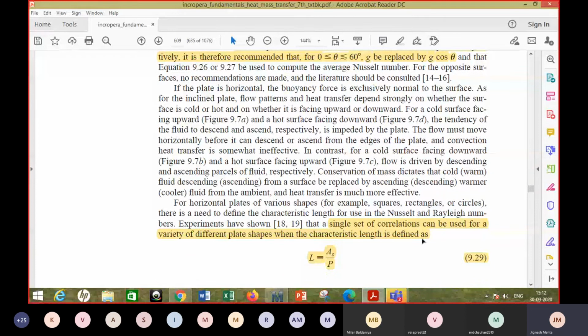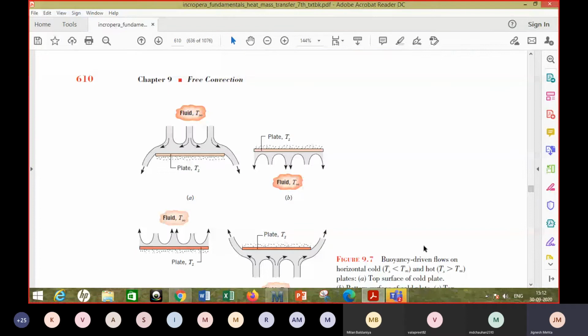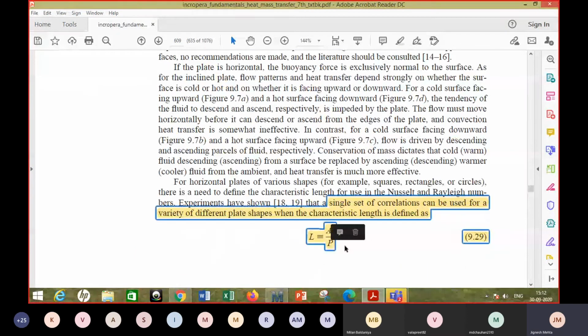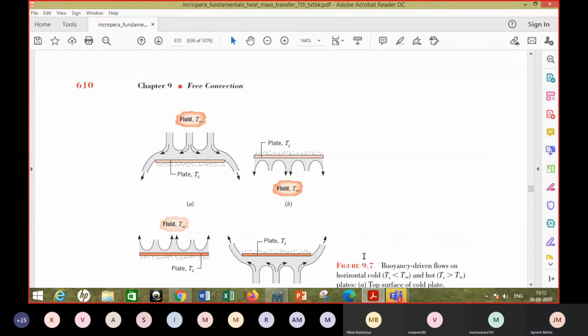Now, if you are talking about a horizontal surface, then you can use the given correlation, but your characteristic length is As upon P, the surface area upon the perimeter on one side. So for a horizontal plate, you cannot take the length of the plate as your characteristic length. It will be the area of that plate divided by the perimeter of that plate, right?